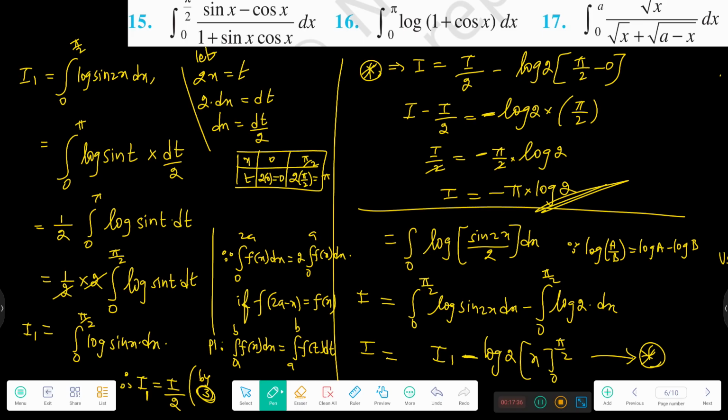Question number 16 is a little big, but whatever property and formula I am using, if you observe, it will be a little easy. It is an important question that they may ask for 5 marks or 3 marks. Understand? If you learn this 16, example 34 you don't need to learn, because example 34 is half of this. Have you noticed it? If you have learned this properly, example 34 will be very easy. Understand?